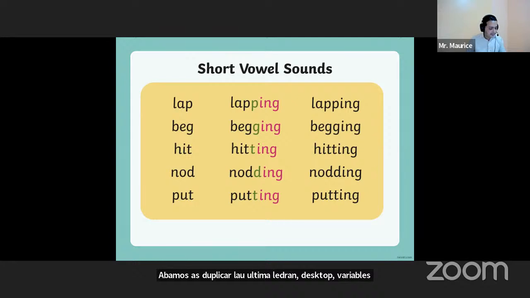Primero, ser verbos monosílabos. La segunda es que, como usted observa, tiene una vocal entre las dos consonantes. Repito, tiene que tener dos características: ser monosílabo y que una vocal esté entre las dos consonantes. Entonces, para añadir el sufijo ing, tengo que duplicar la última letra de ese verbo. Alright? Perfect. Let's move on.